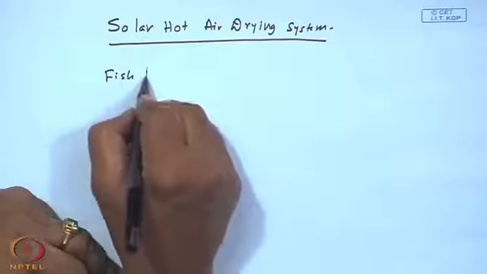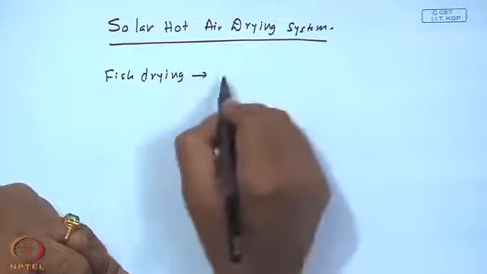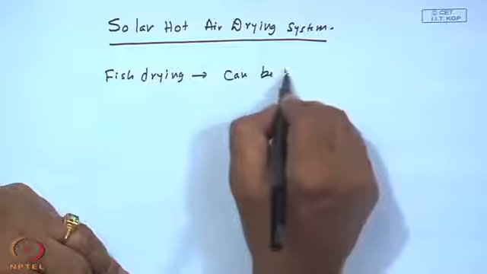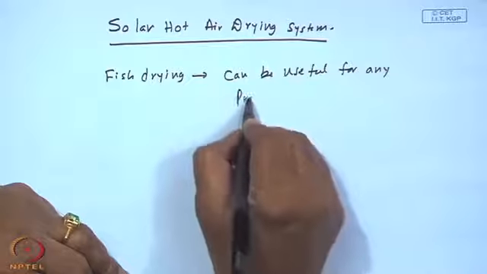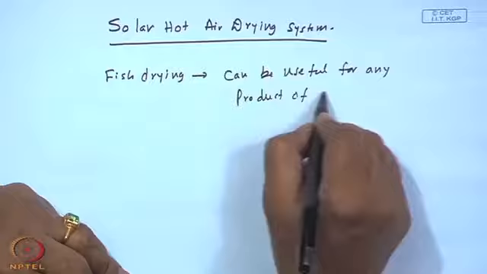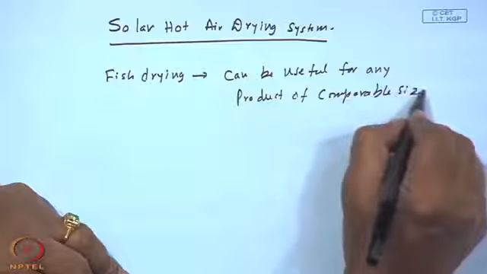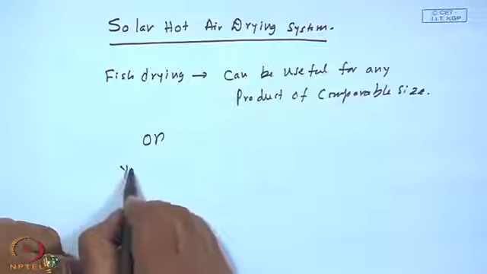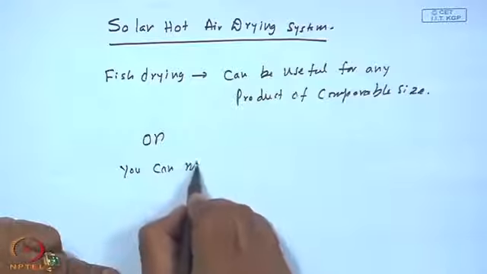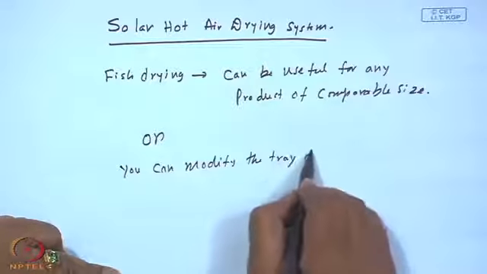And in fact, typically it is used for fish drying in the eastern part of India, and can be useful for any product of comparable size. Or you can modify the tray design.